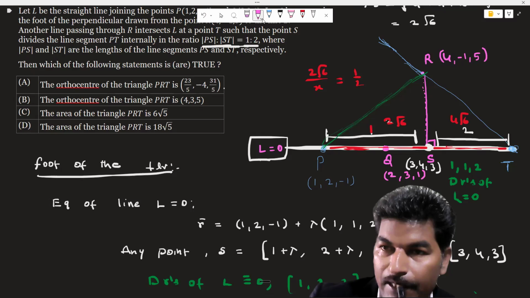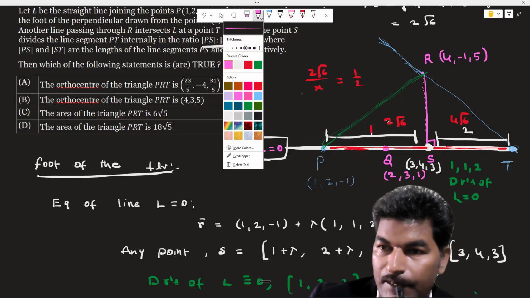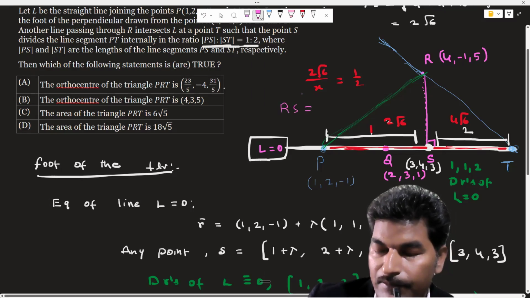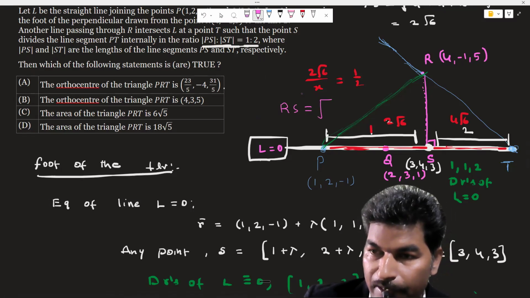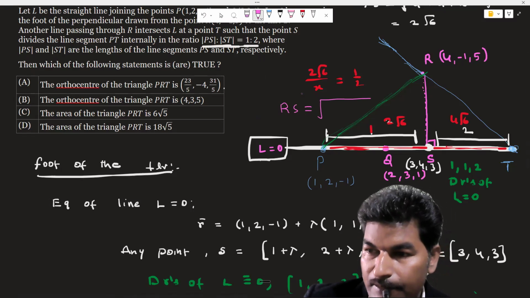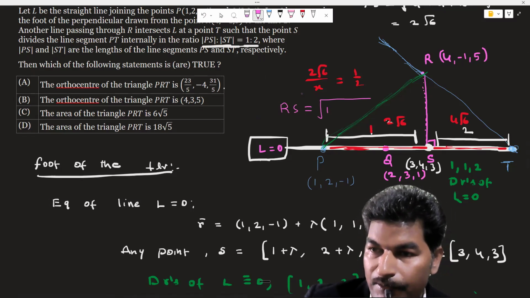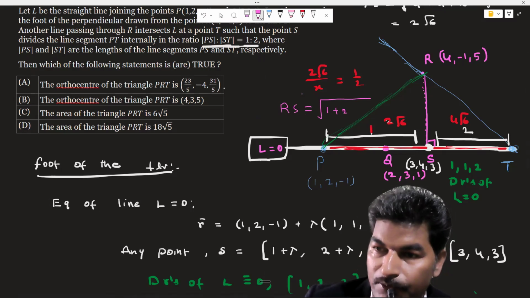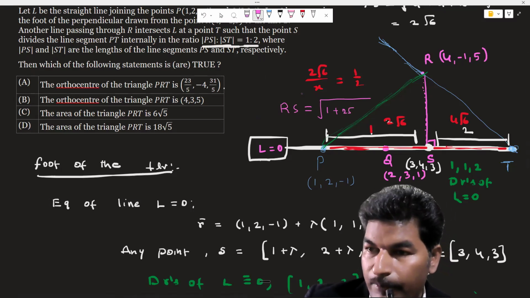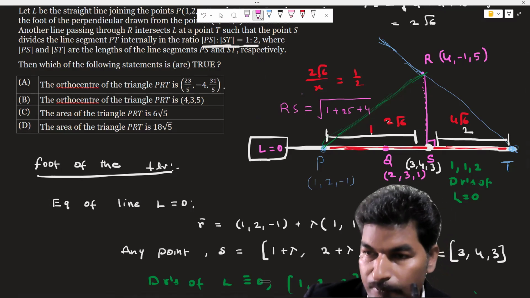So how to calculate the RS distance? So RS, which is a height. We know the S point and R point, so let's identify the RS distance. 4 minus 3, 1 square. And 4 plus 1, 5 square, which is 25. And 5 minus 3, 2 square is 4. Of course, 1 plus 25 plus 4 is 30, root 30 it is.